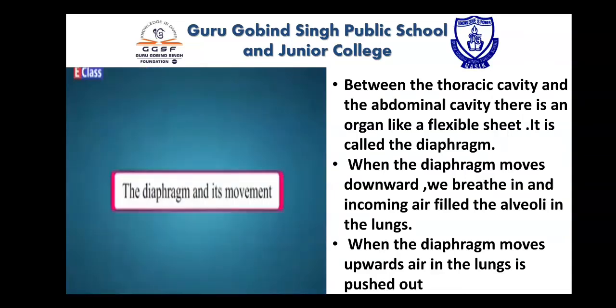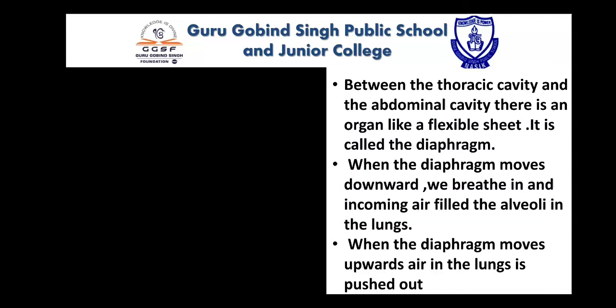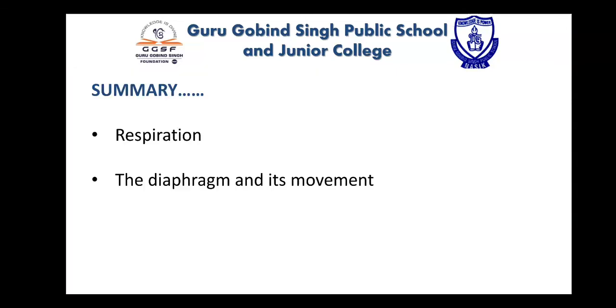Now, let's see the summary, what we have learned in this video. We learned about respiration first. In respiration, our respiratory organs, nose, trachea, windpipe, lungs, and diaphragm are shown.